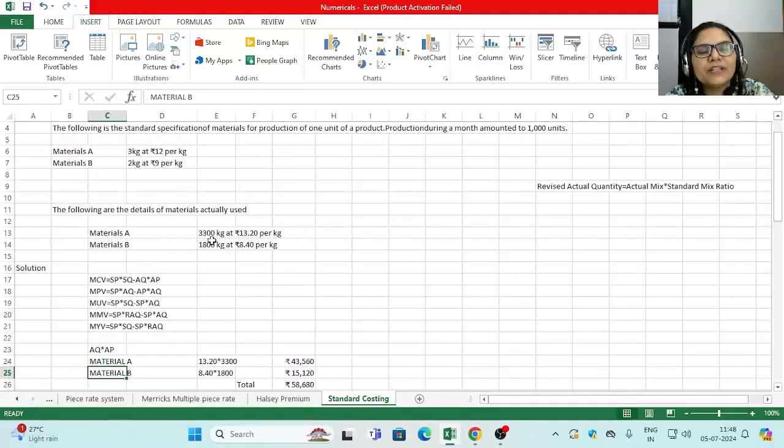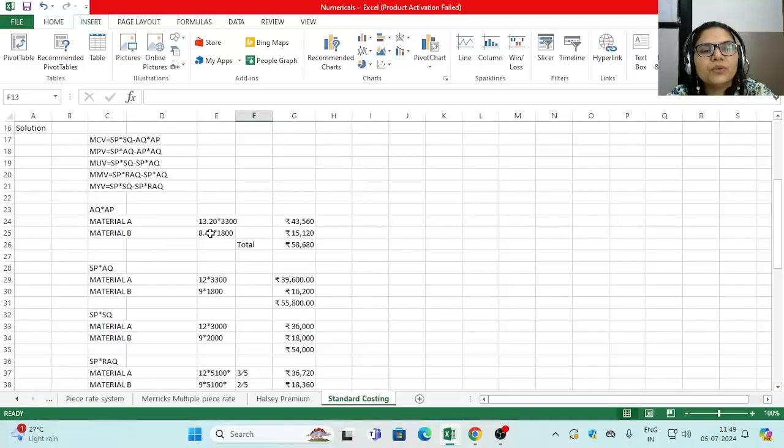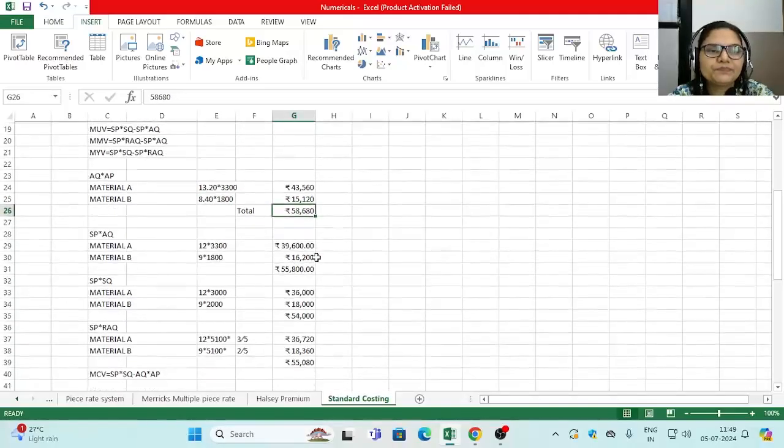Actual quantity is given at 3300 kg and price is given 13.20. So you will multiply them and work out all this AQ into AP and you will get the total of AQ into AP.